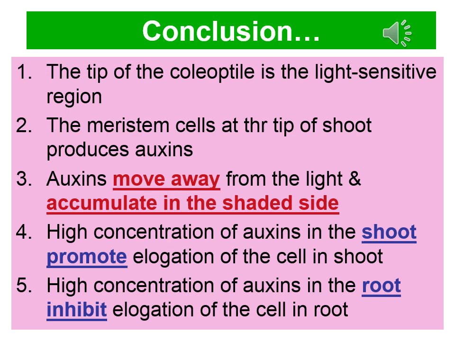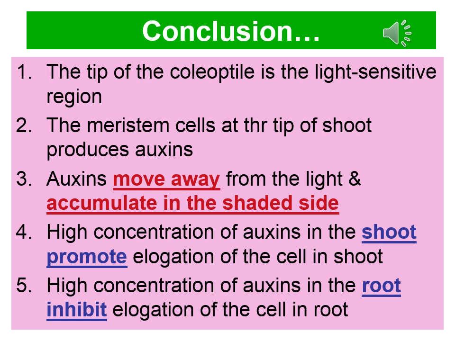Okay, kesimpulannya adalah hujung colloid tie adalah bahagian yang sangat sensitif kepada cahaya. Okay, hujung pucuk akan produce oxygen. Oxygen pula akan bergerak menjauhi cahaya dan berkumpul di bahagian yang teduh ataupun di shaded side.